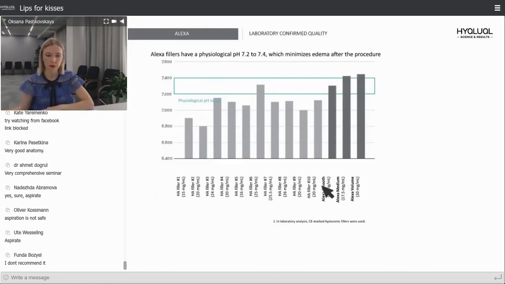And some diagrams also about physiological pH. You know, it's important when the filler does not irritate the tissues, because if your filler has, for example, not physiological pH, more like acid, of course you put it in the tissues and it could irritate the tissues.